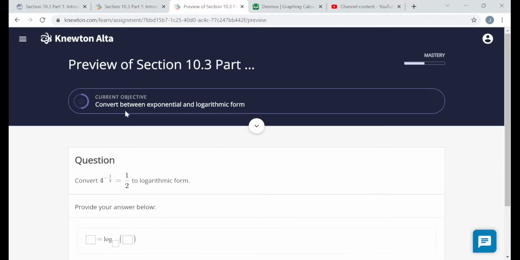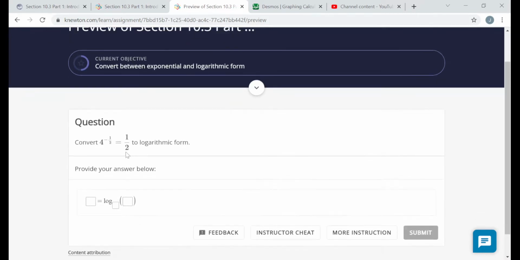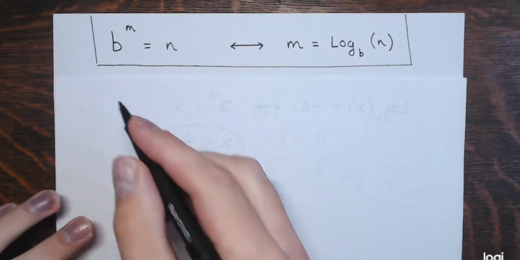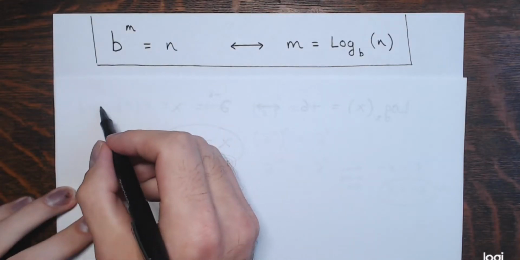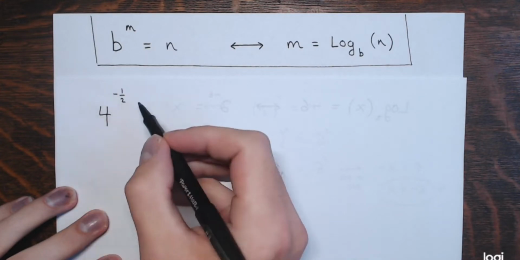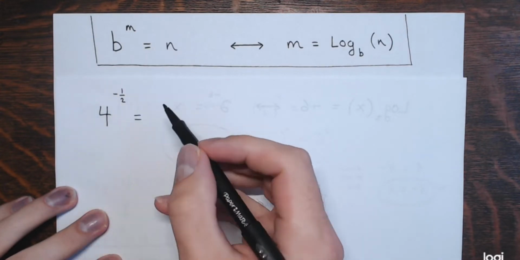So again, same objective, convert between the forms. Here we're given an exponential statement and asked to write it as a logarithmic statement. The exponential statement we're given is 4 to the -1/2 power equals 1/2.